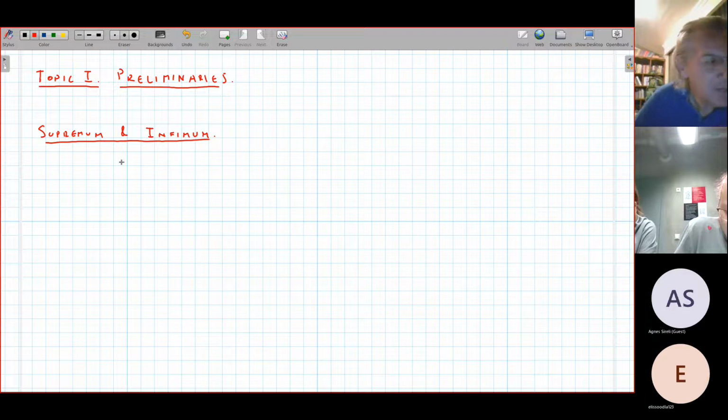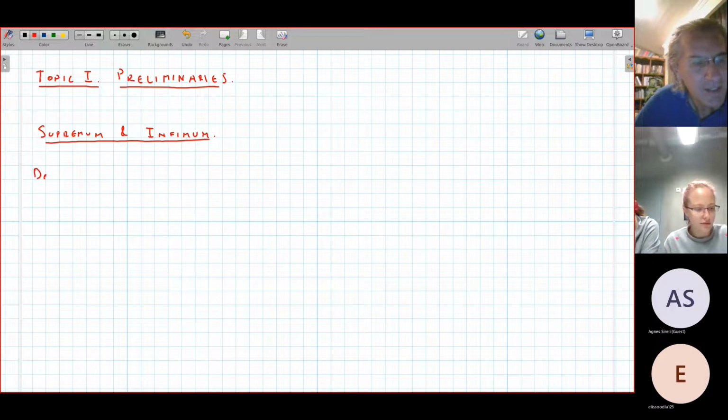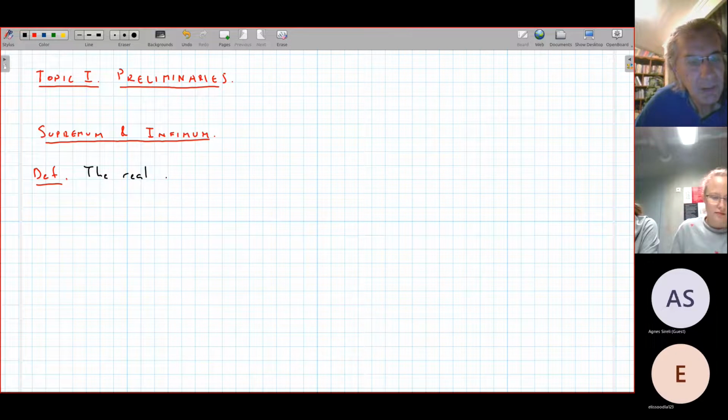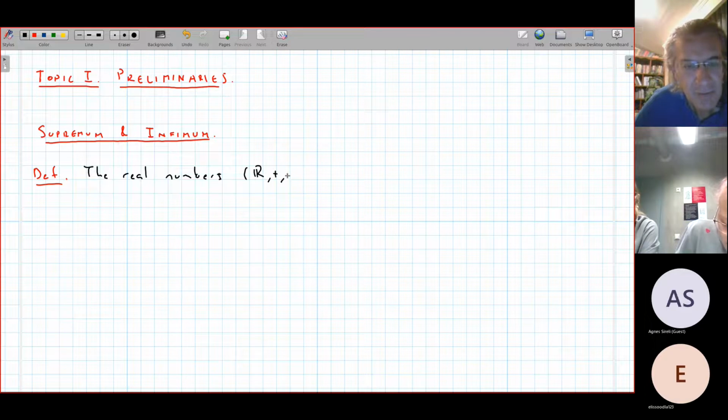And the first thing we're going to talk about is supremum and infimum. To start to cover this topic, I'm just going to remember briefly what the real numbers are. As you know, probably from your first semesters at Tallinn University, the real numbers are not only a set, but a set with two operations and one order relation.